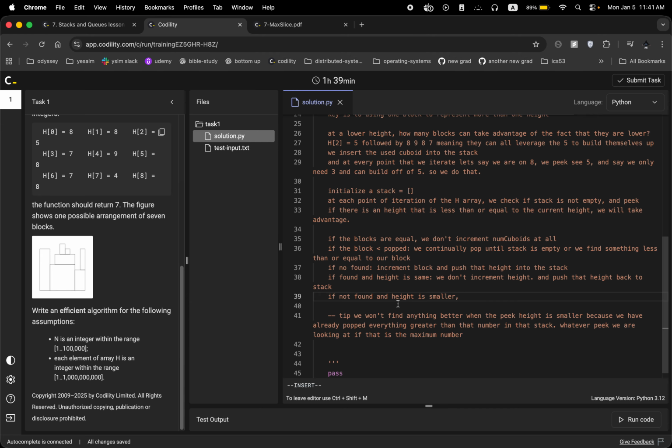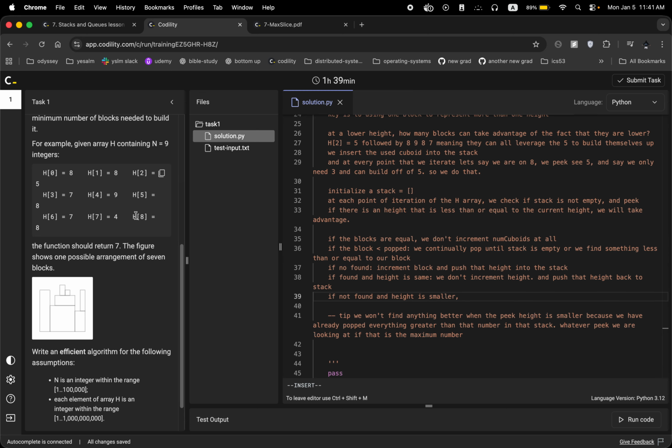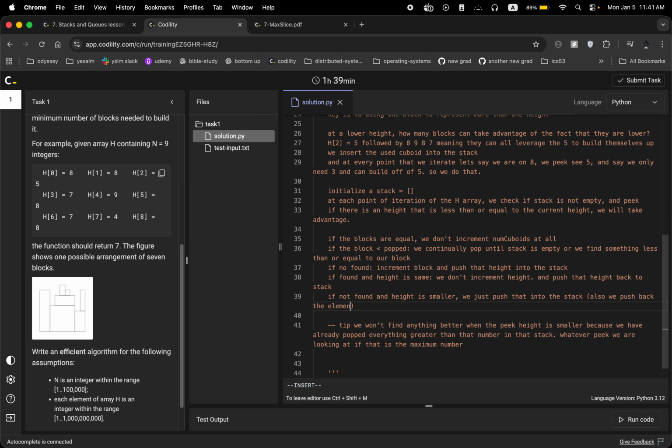If not found and height is smaller, then we just push that into the stack. Also, we push back the element. Well, okay, do we really need to pop it? Can't we just peek at it?